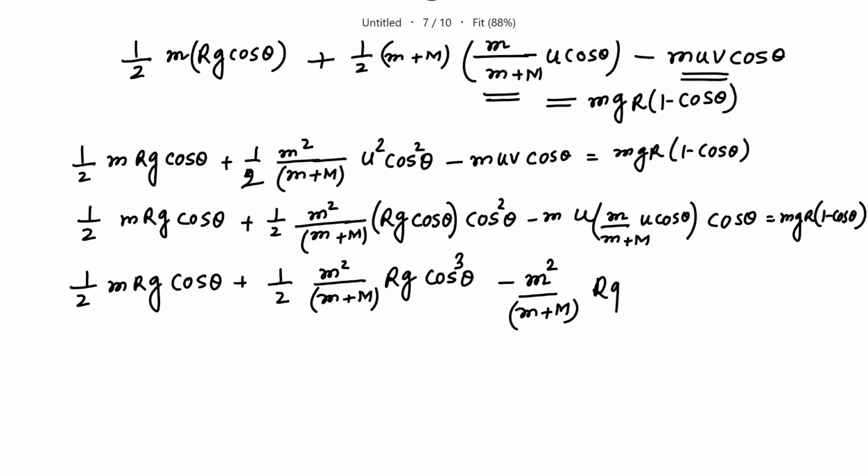So if you remember, u square is rg cos theta, and then we have cos square theta also, and this is equal to mgr (1 minus cos theta).